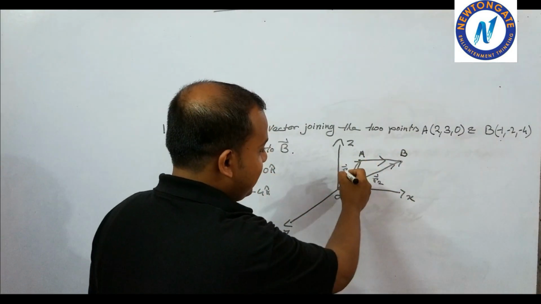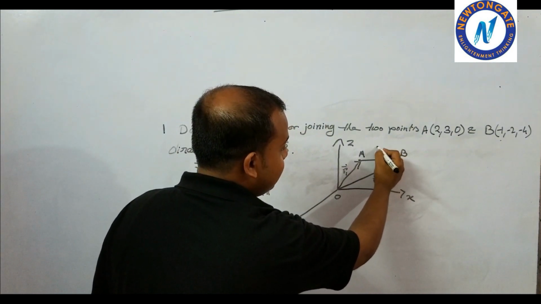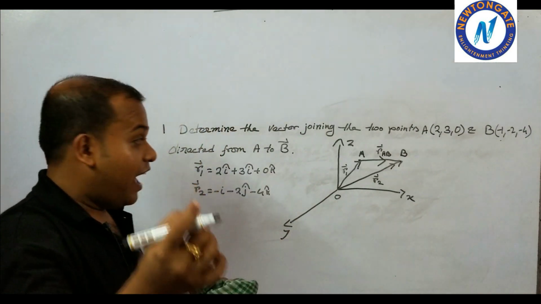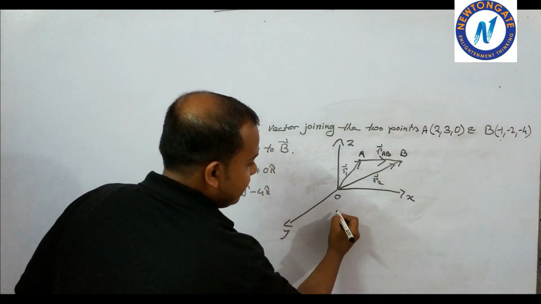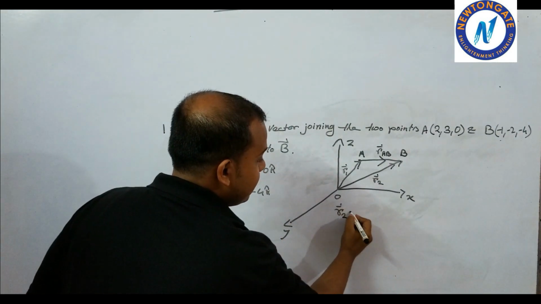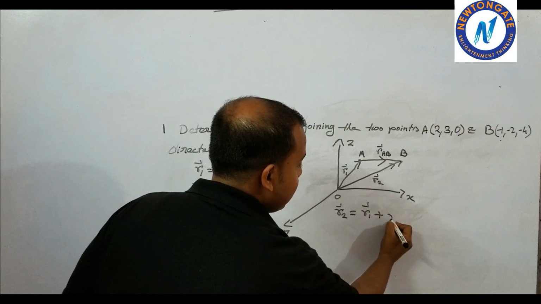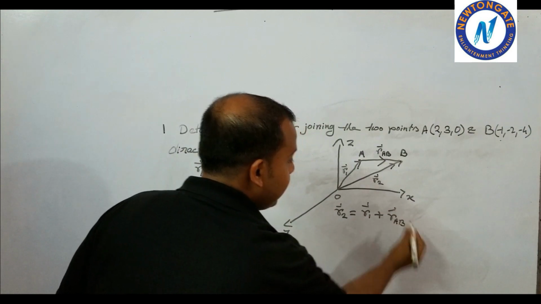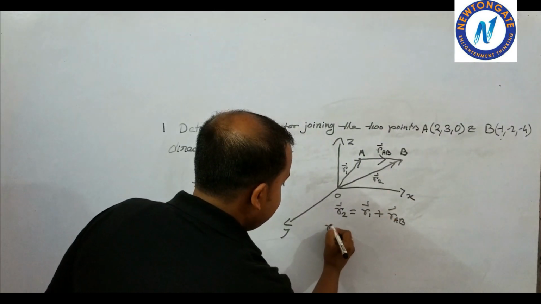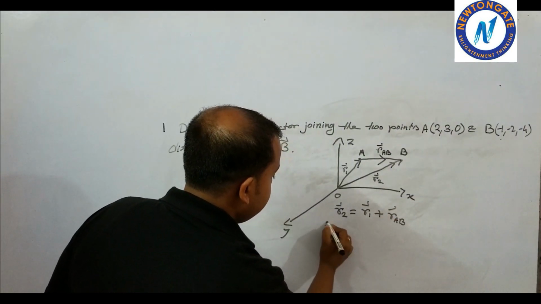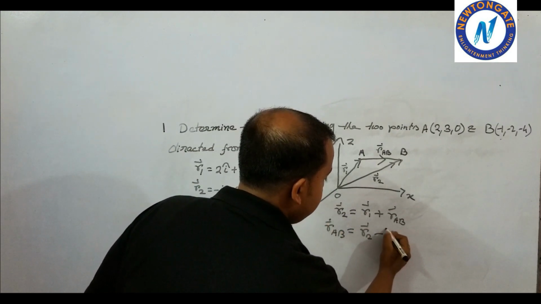So if I write this vector as RAB vector, then according to the triangle law of vector addition, can I write that R2 vector equals R1 vector plus RAB vector? Can I write this? Now after this, can I write RAB vector equals R2 vector minus R1 vector?